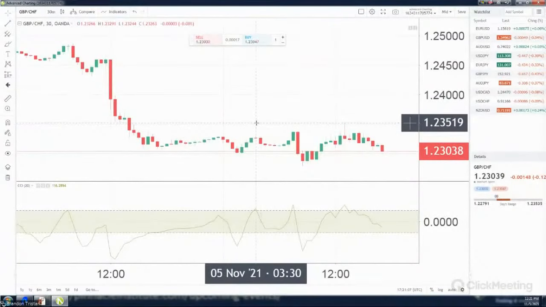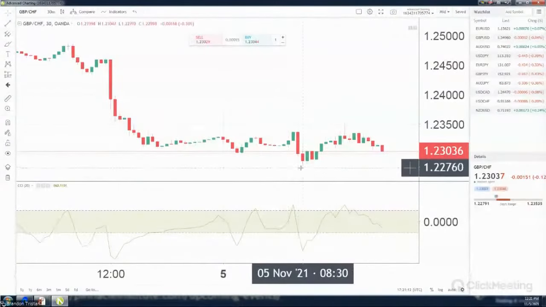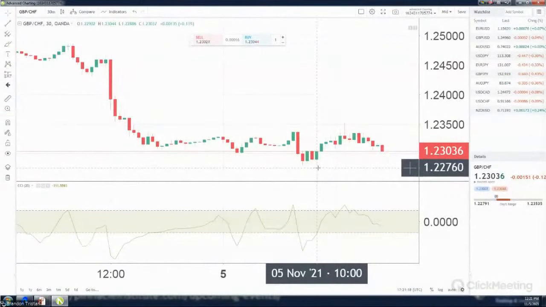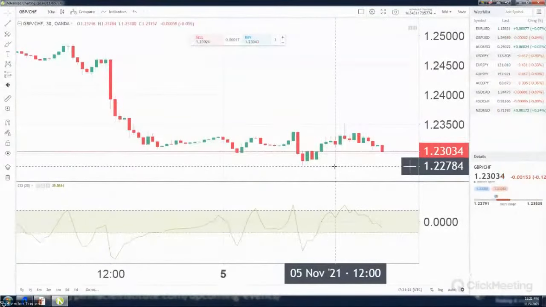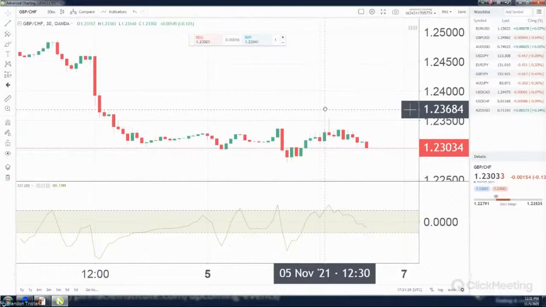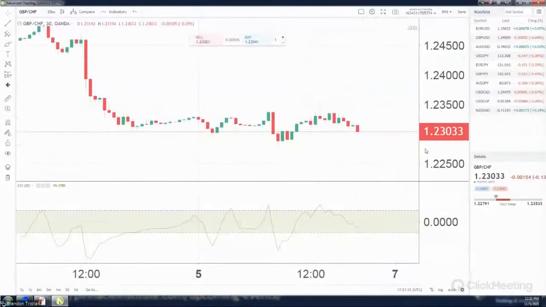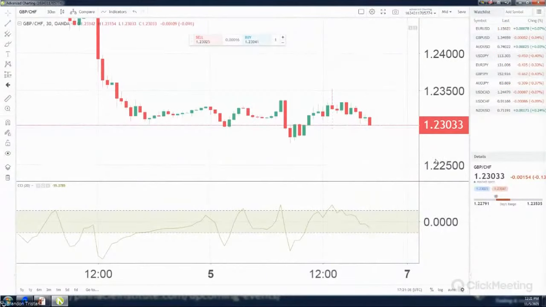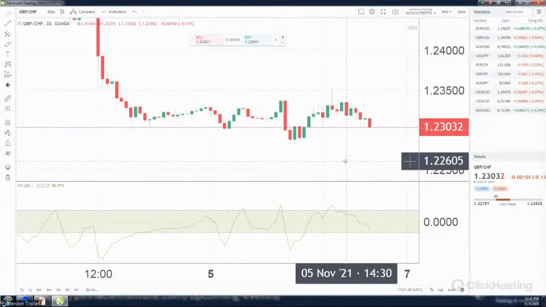So if this indicator gets you into the trade, you're buying here, and it never crosses for you to sell, and it just continues to drop, then where's your exit? So always know you need two exits.